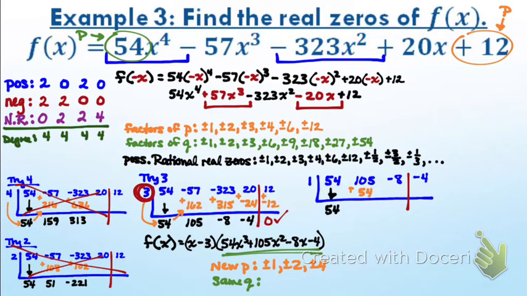I have 54 plus 105. That's going to be 159. I'm leaning towards no on this one. What do you guys think? That's not going to work. Yeah, 1 times 159. There's no way I'm going to get that to cancel out to be a 0 at the end. Should we try negative 1? Yes. Let's try negative 1.